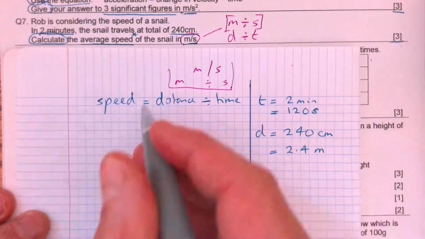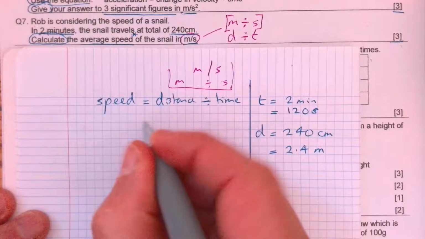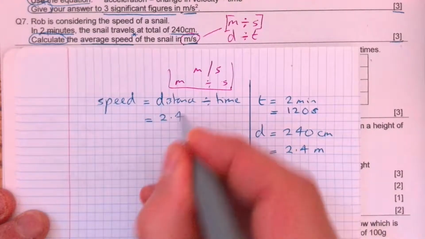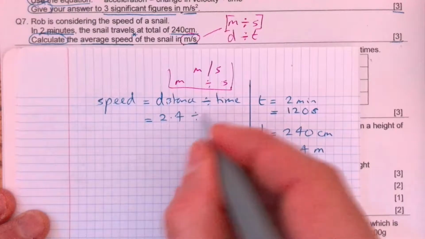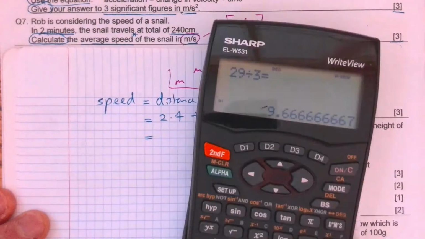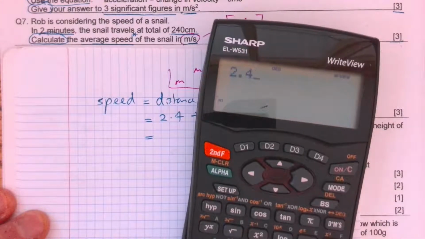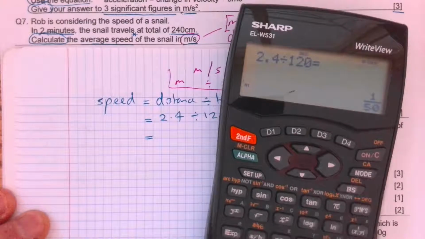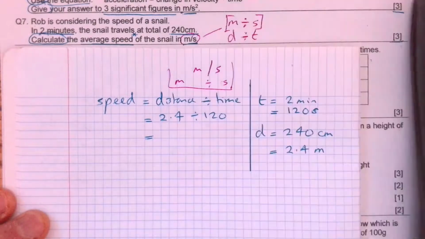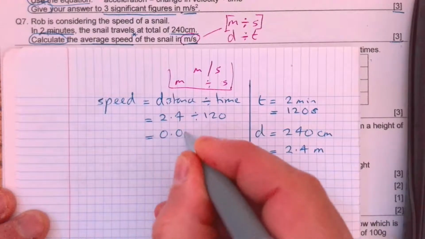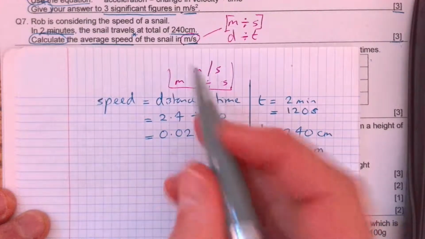So I'm then going to substitute my numbers in. So distance is 2.4 divided by time, which is 120. So 2.4 divided by 120 is 0.02. 0.02, because it asks us, remember, in metres per second.